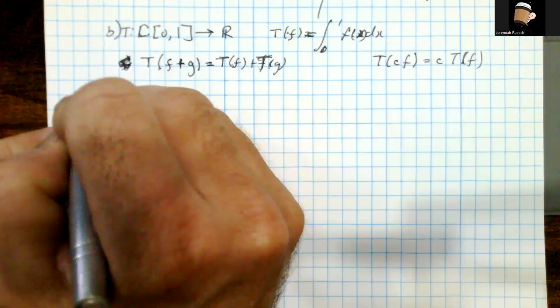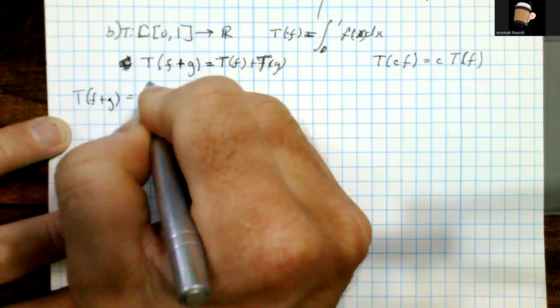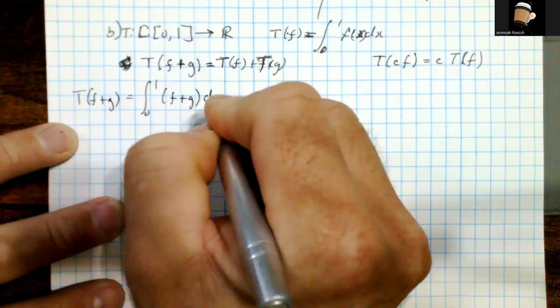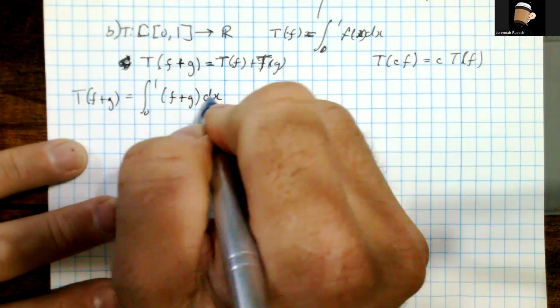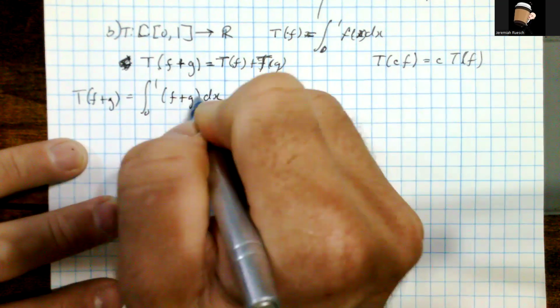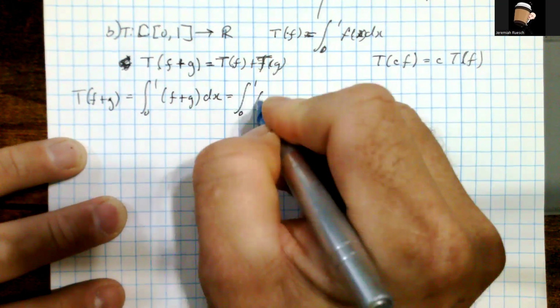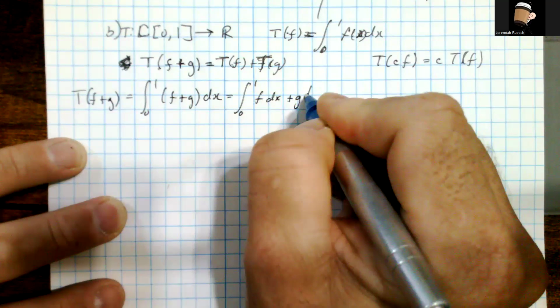So the transformation of f plus g, what does that equal? It's the integral from 0 to 1 of f plus g dx. Breaking up the integrals, we have the integral from 0 to 1 of f dx plus g dx.